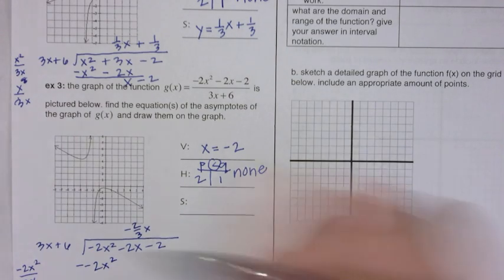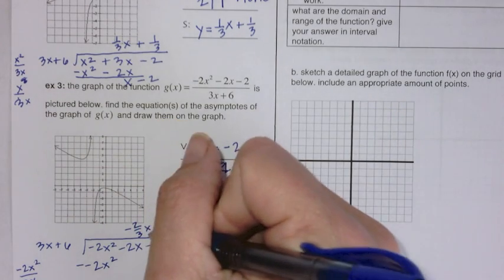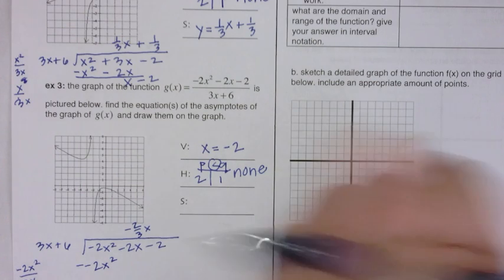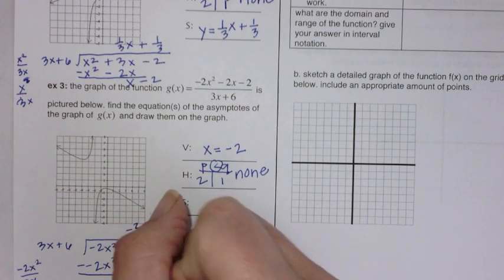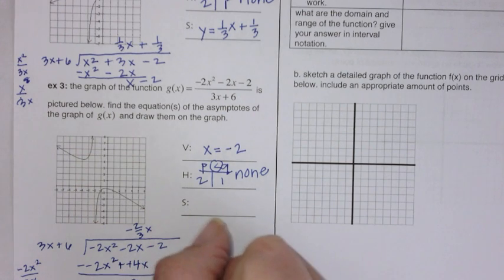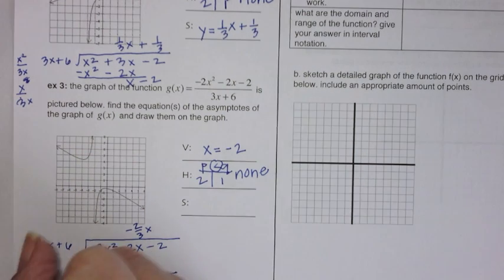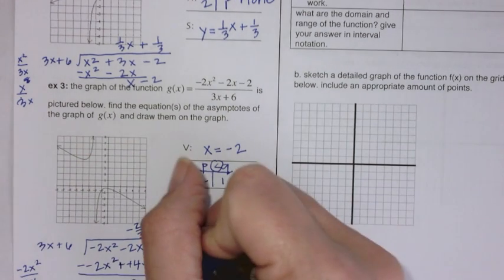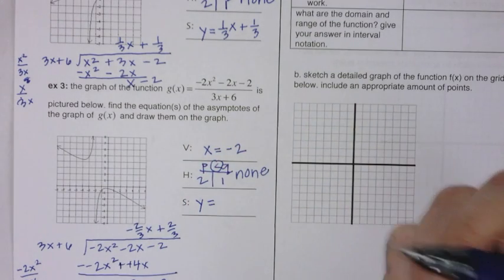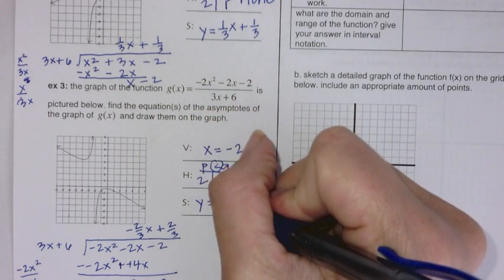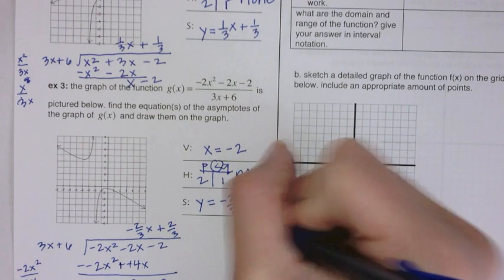And then this will be 6 times negative 2 is negative 12 divided by 3 would be minus negative 4x. So that would be 2x minus 2. And then I get 2x divided by 3x. So that's plus 2/3. So y equals, don't just write the part, you need the equation, which means you need an equal sign.